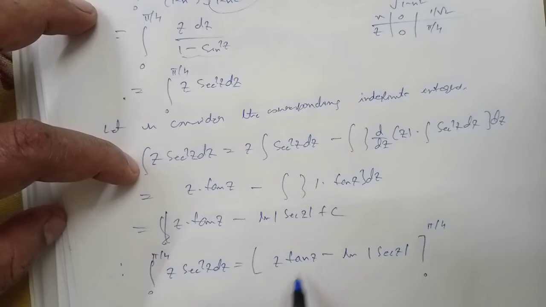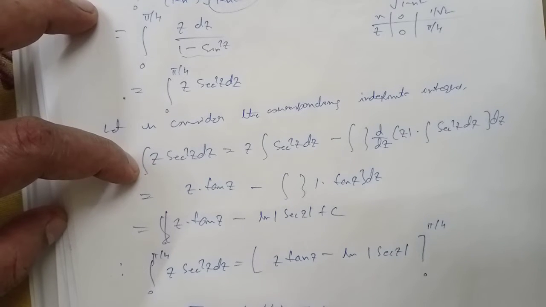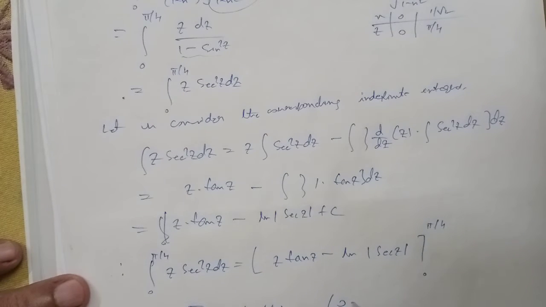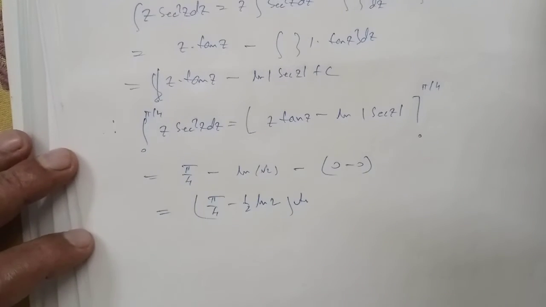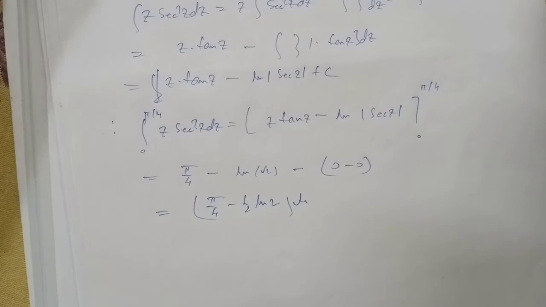Pi by 4 into tan of pi by 4, that is pi by 4, because pi by 4 into 1 is pi by 4, minus ln of sec pi by 4, which is root 2, so ln of root 2. Minus, if you put 0, this becomes 0, sec 0 is 1, ln 1 is 0. So your answer is pi by 4 minus half ln 2. Okay, this is your answer. This is problem number 12.